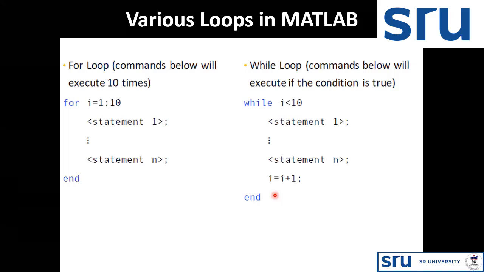Can anyone tell me what is the difference between the for loop and the while loop? Whatever you know from the first year classes, C and C++, tell me, and don't worry about whether your answer will be right or wrong.